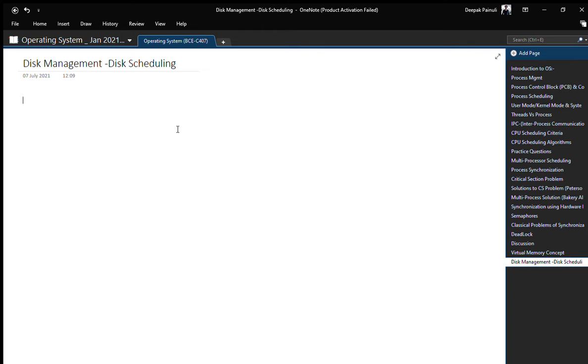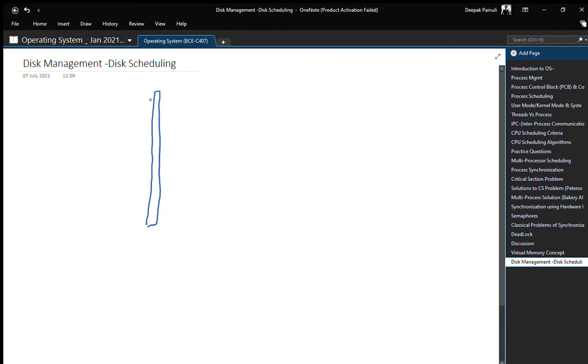Before understanding disk management, first we have to understand what our secondary drive, the hard disk, looks like. As you all know, the hard disk looks something like this.